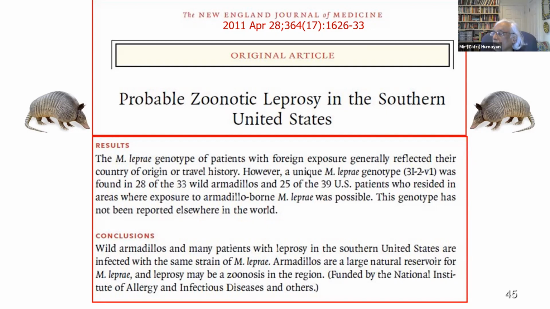The word zoonosis means a bacterial or viral disease acquired from animals, okay, so wildlife. Okay, so what is the story here? Well, the story is speculative in nature, but it goes something like this.